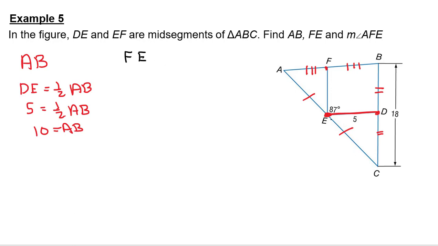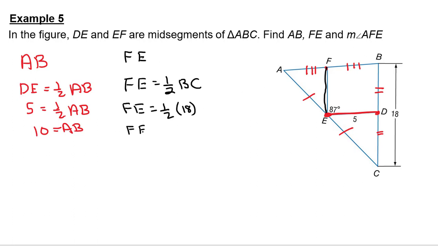Since FE is a midsegment, FE is half the third side of the triangle, so that's BC. BC, they tell me, is 18. FE is equal to 9.